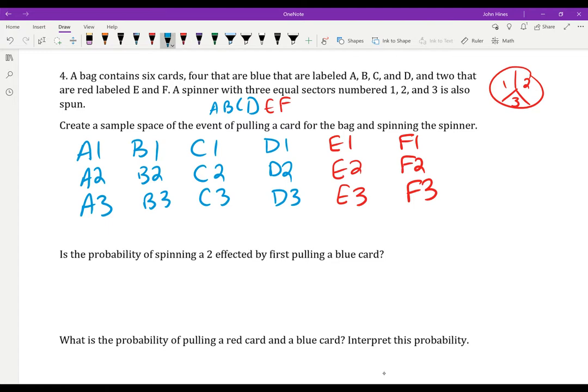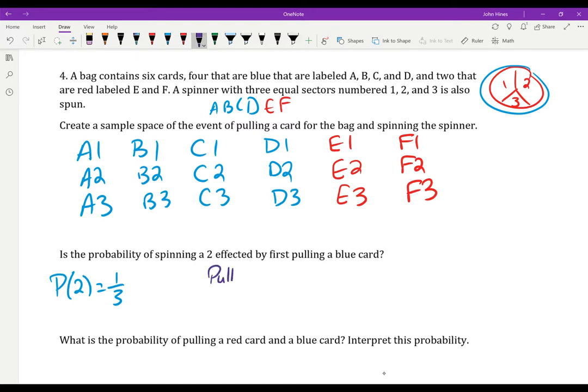So is the probability of spinning a 2 affected by first pulling a blue card? Well, what's the probability of spinning a 2 without the card? What's the probability of me spinning a 2? 1 out of 3. What's the probability of me getting a 2 knowing I pulled a blue card? Well, me pulling the card has nothing to do with the spinner.